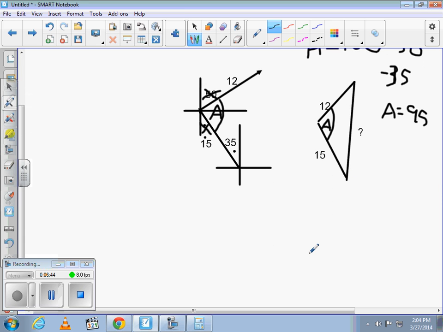And what that means is I can find this unknown side here, and I'm going to call the resultant vector vector r. And I can find its magnitude by using the cosine law.